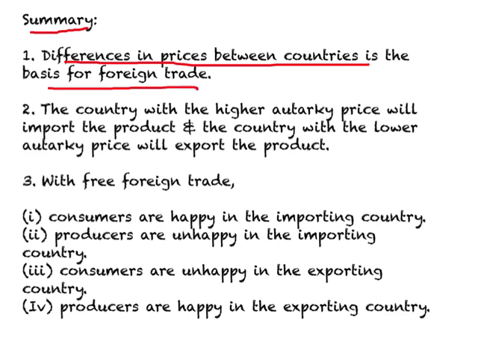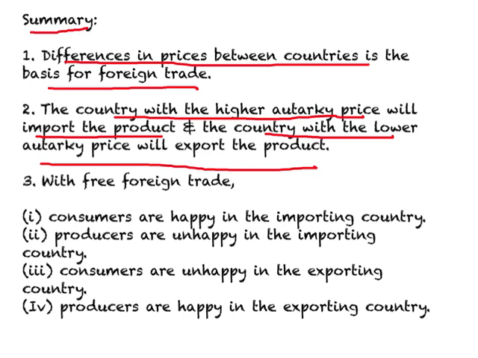And these differences in prices exist when we have autarky, or a situation of no foreign trade. And we also learned that the country with the higher autarky price will import the product. In our example, it is India. And the country with the lower autarky price will export the product. In our case, it is the US.